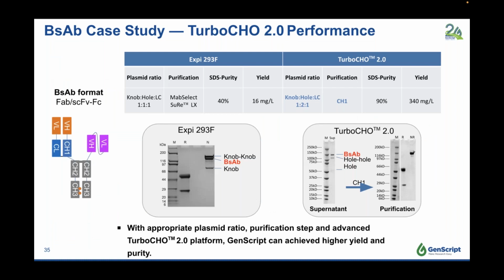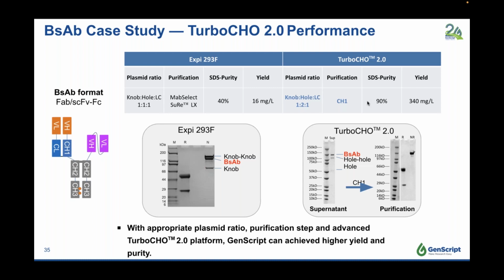Yeah, this one. In this case, we use the CH1 column. Because you can see in the supernatant, I marked here, the whole is overexpressed, and the whole is SCF3 FC. So the byproduct SCF3 FC monomer and homodimer don't have a CH1 region.